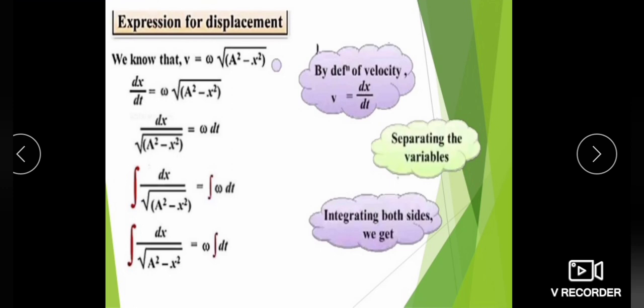Use the standard identity from mathematics. Integration of dx upon square root of a square minus x square is sine inverse x upon a. So we are getting some angle, and hence we can write, use this standard identity, sine inverse of x upon a is equal to omega t.